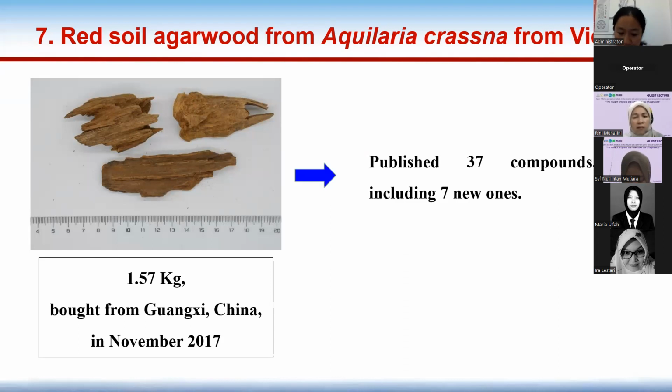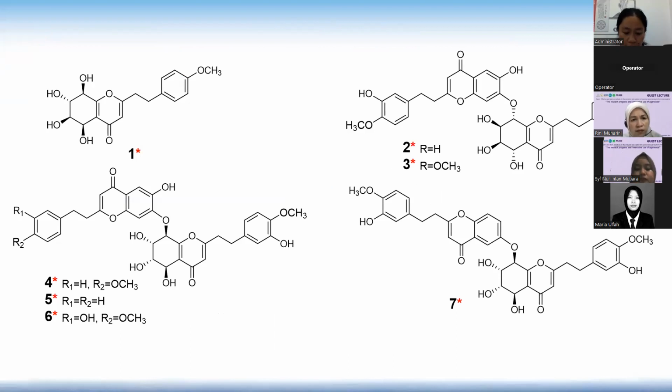And from this sample, until now we have published 37 compounds, including 7 new ones. The 7 new compounds are 5,6,7,8-tetrahydro-2-phenylethylchromone derivatives. The special feature of this sample is the relative configuration of the tetrahydrochromone pattern.